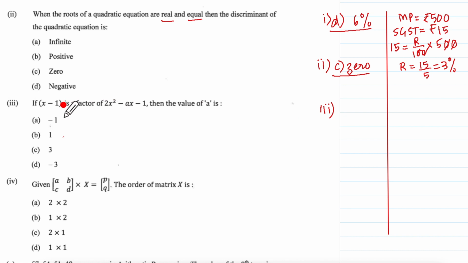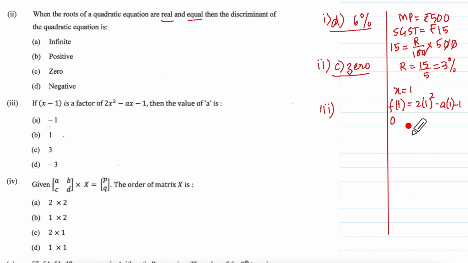We come to the third one. If x minus 1 is a factor of this, then what is the value of a? Now if x minus 1 is the factor, then you will say that x is equal to 1, and when I take f of x, that is f of 1, it will be 2x squared, meaning 2 into 1 squared, we are substituting, minus a into 1 and minus 1.